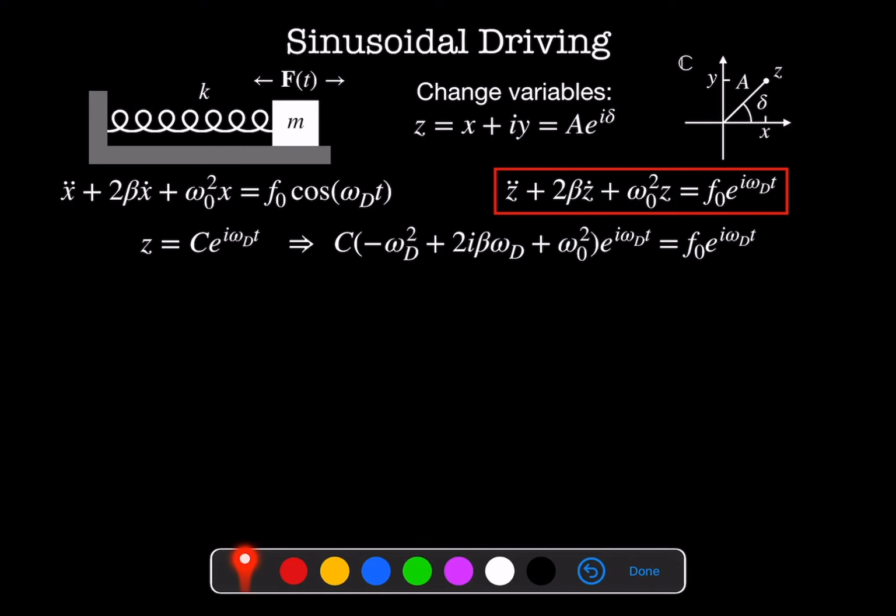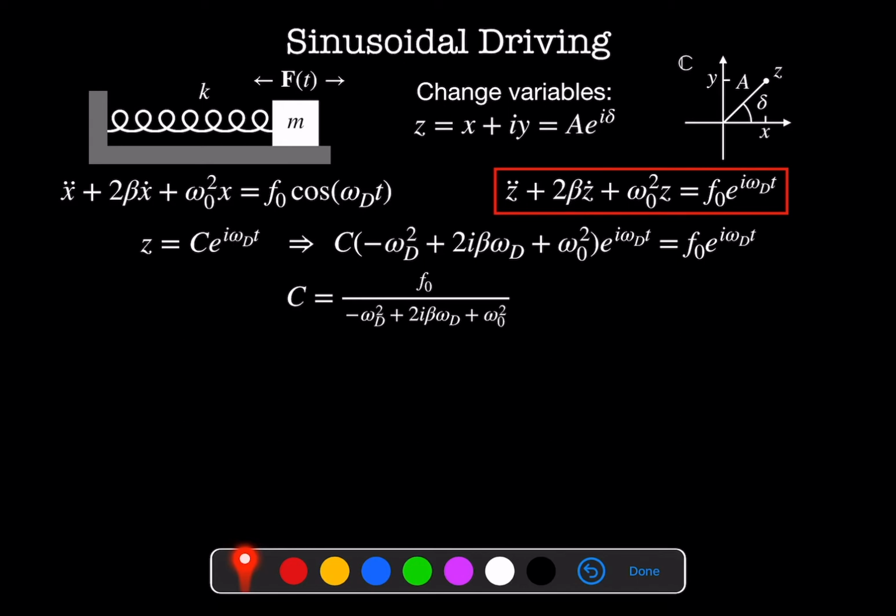If we want to get the actual solution, x is the solution we're looking for, so we're taking the real part of z. We want to be able to split this whole thing into its complex components. If I write down C like this, it looks a little bit nasty, I've got 2i beta omega_d in the denominator here.